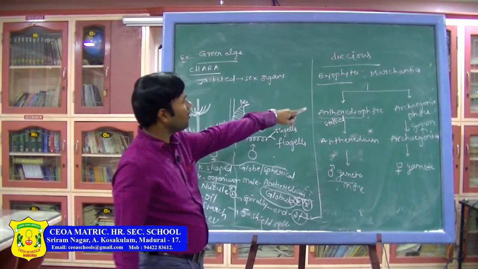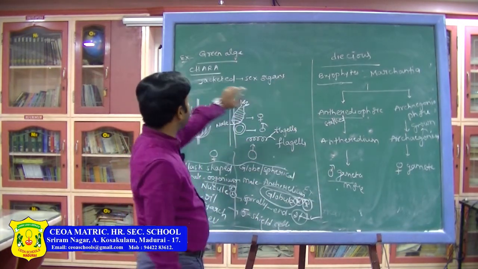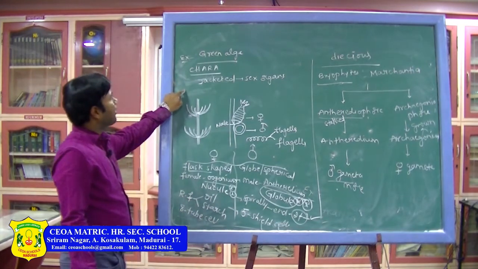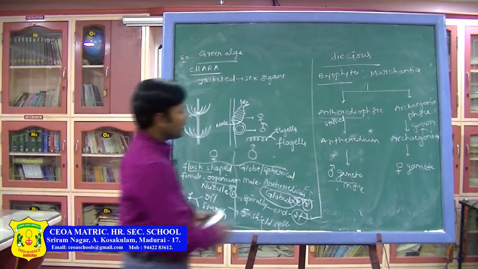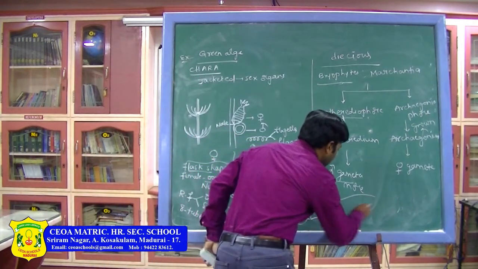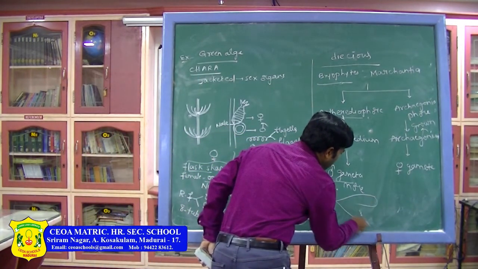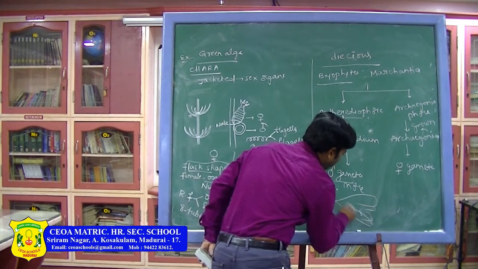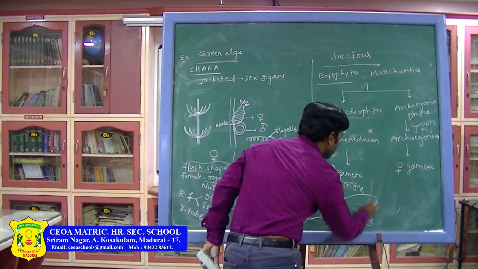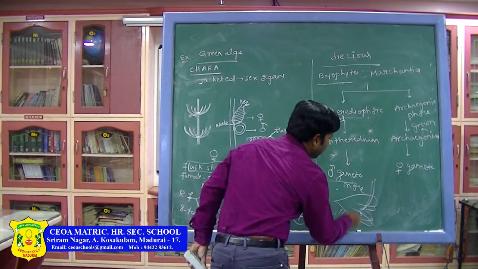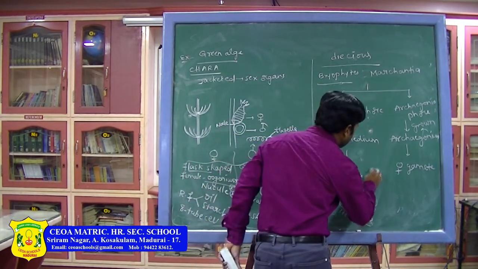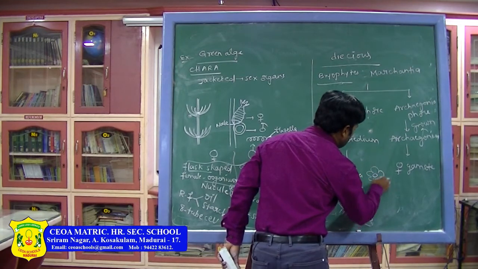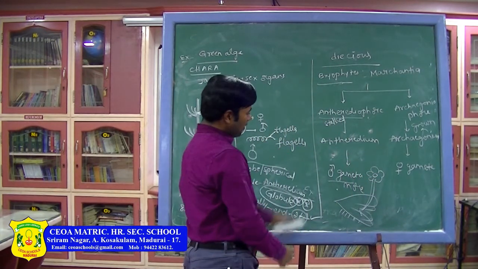So, this example Marchantia we learnt under the dioecious, and Chara, the green alga, we learnt under the monoecious. The plant body, when you see here, this is the male, here rhizoids are present, here the antheridium will be grown.